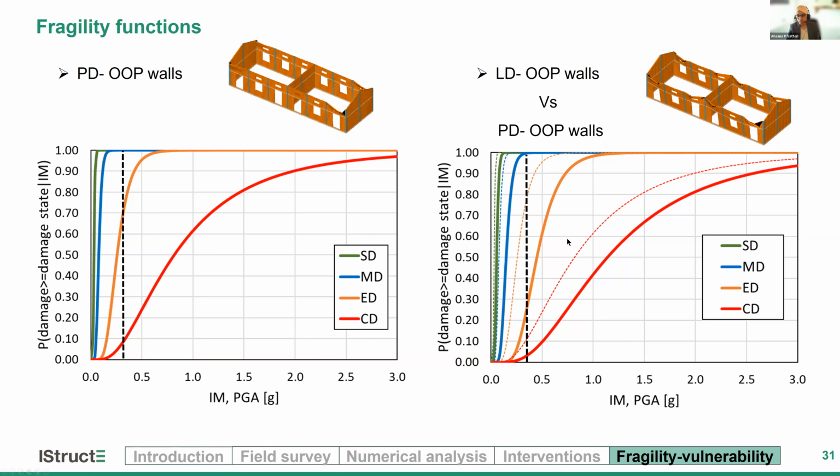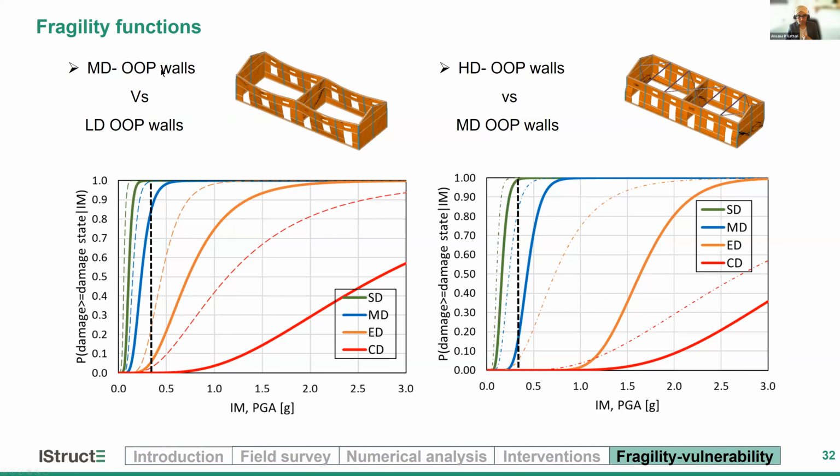As you can see in the figure on the right, the building is still beyond the moderate damage. However, the chance of extensive damage is reduced. We should, however, keep in mind that we are talking about school buildings, and they should ideally have an immediate occupancy level, which is below the moderate damage level.